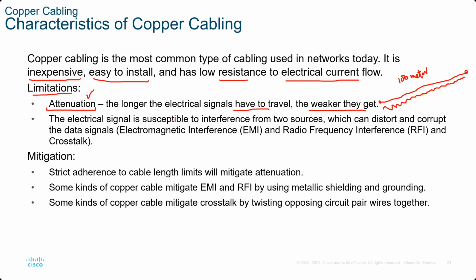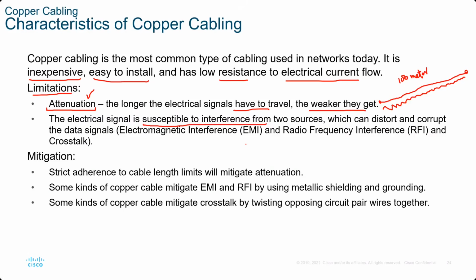The electrical signal is susceptible to interference. Copper cable has another problem: there is electromagnetic interference if your networking copper cables are close to the power grids or just normal power cables in which electrical power is flowing.